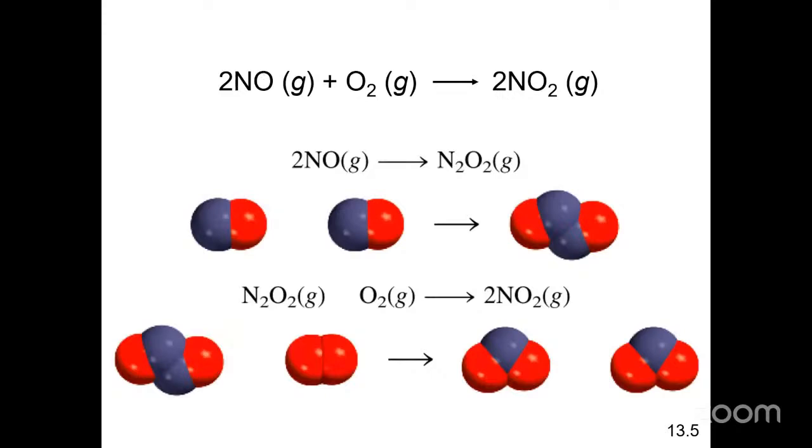Okay, so this is basically the same reaction, but you're using models to represent the two-step process where two molecules of NO react to form a molecule of dinitrogen dioxide, and then the dinitrogen dioxide reacts with a molecule of oxygen to form your final product, right? So that's basically what that is all about.